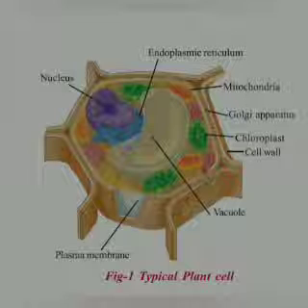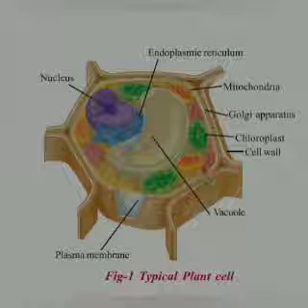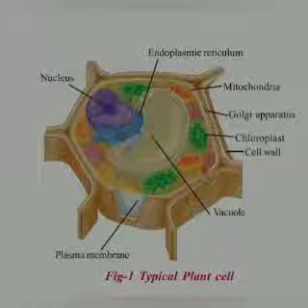That means a typical cell consists of so many cell organelles, but all the cell organelles present in a typical cell are not present in all the cells of a plant or an animal.